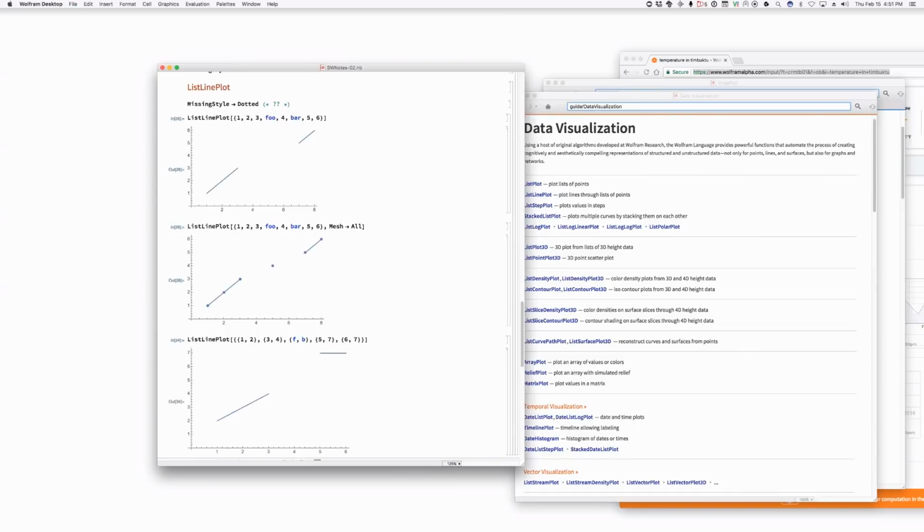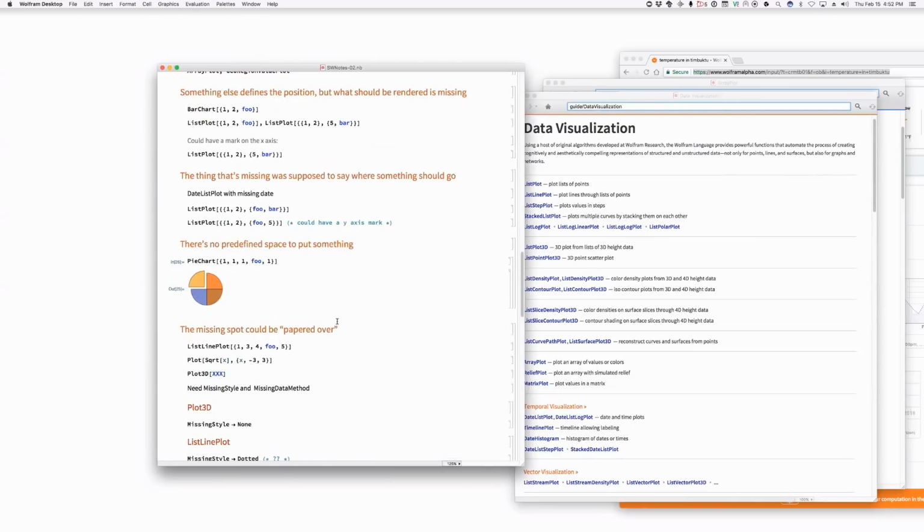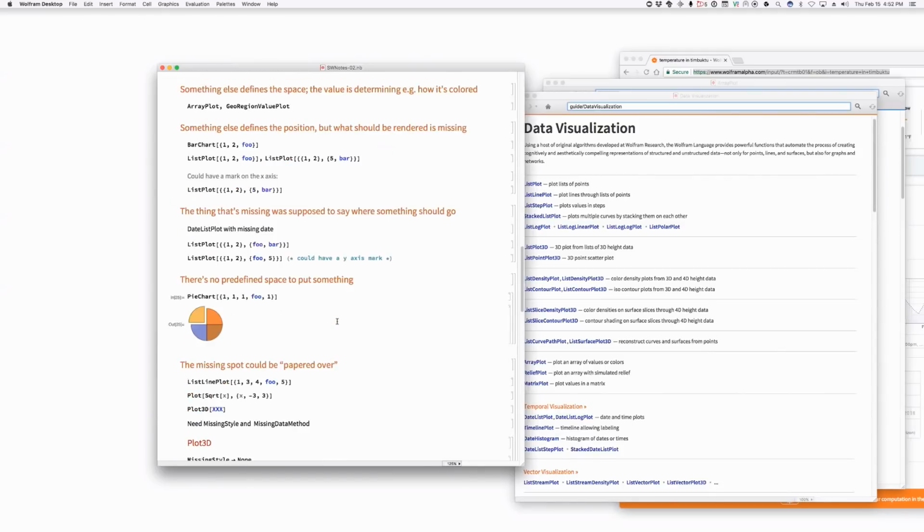Yeah, by the way, that's another complicated case, right? Okay, so this is an ugly case.